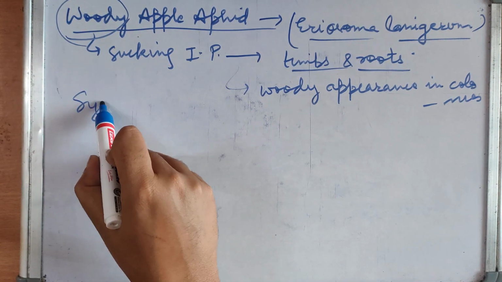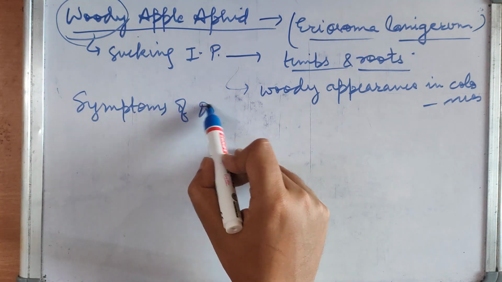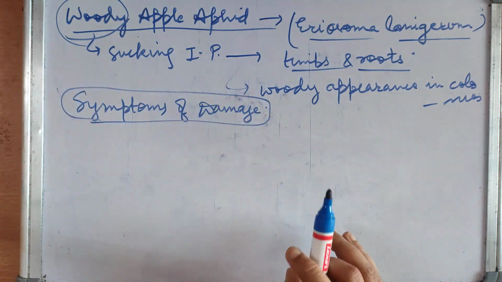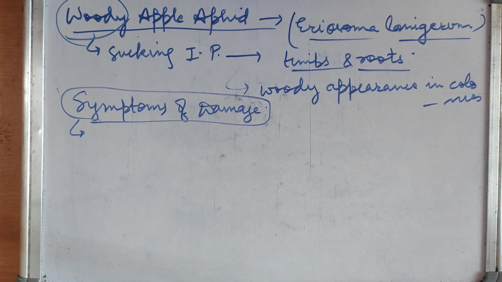Now what are the symptoms of its damage? First of all, nymphs and adults suck the juice from the bark of trunks and fruits.